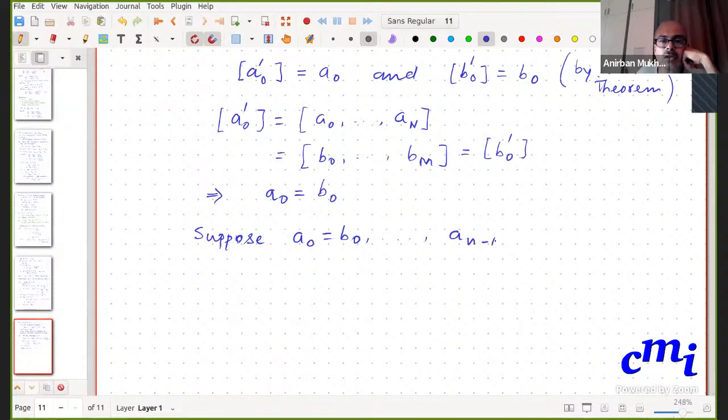Then A minus equal to B minus. So suppose we have shown this. So what we want to show is An equal to Bn.